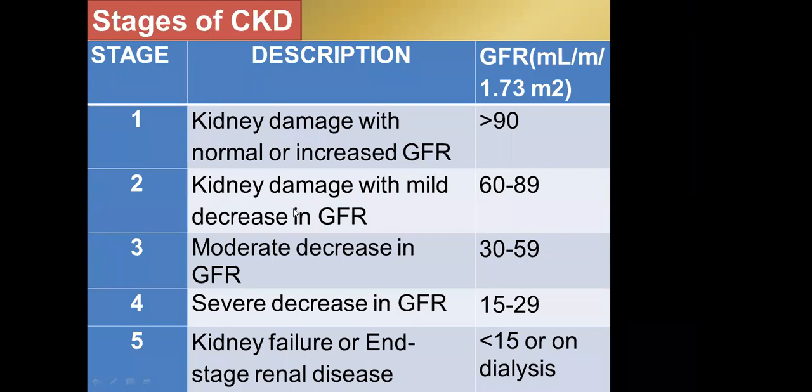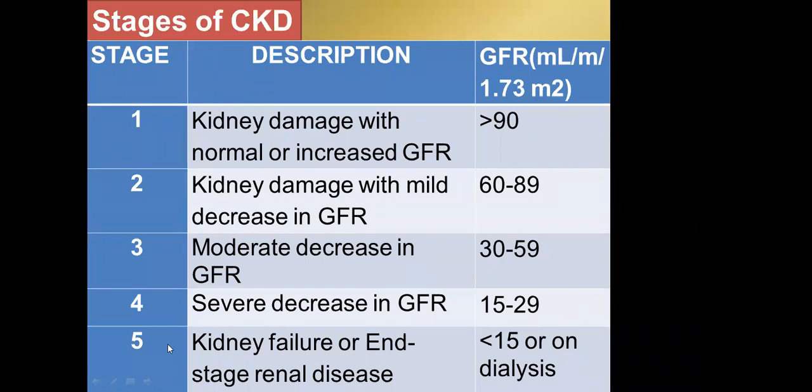Stage 2 is kidney damage with mild decrease in the glomerular filtration rate, that means between 60 and 89 ml per minute. Stage 3 is a moderate decrease in the glomerular filtration rate, meaning 30 to 59. Stage 4 is a severe decrease in the glomerular filtration rate, between 15 and 29.